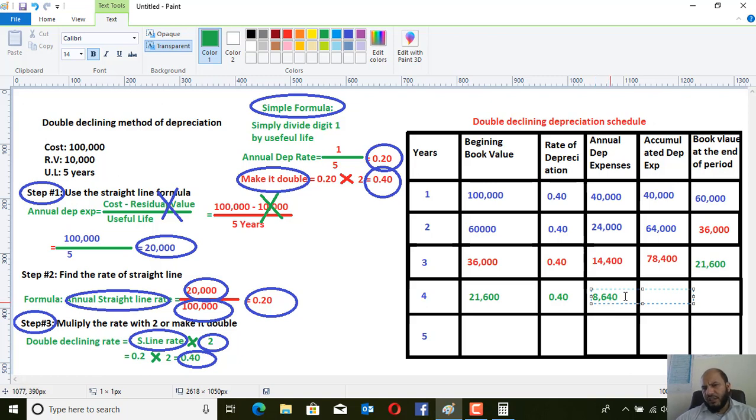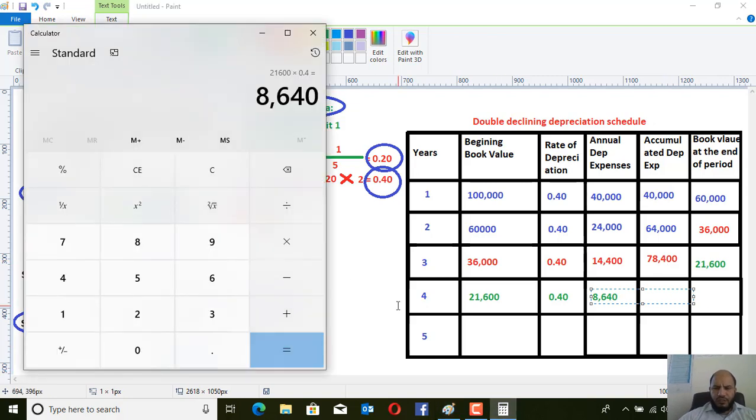So we will add 8,640 with the previous year accumulated depreciation, 78,400. This is equal to 87,040.